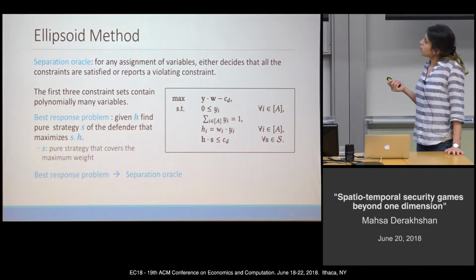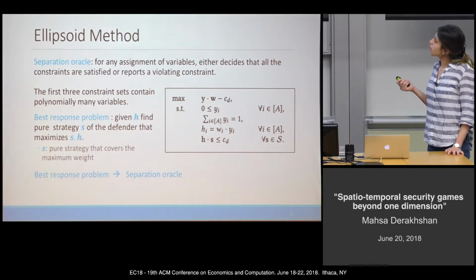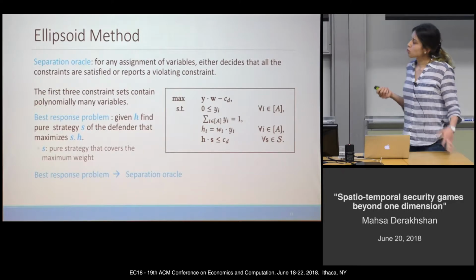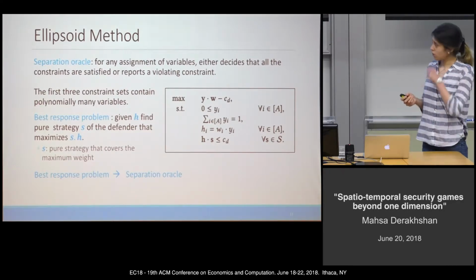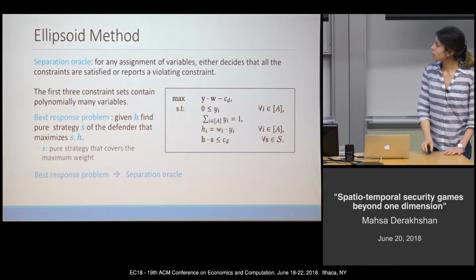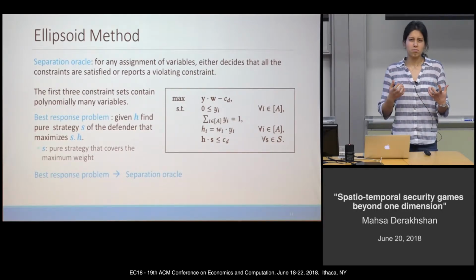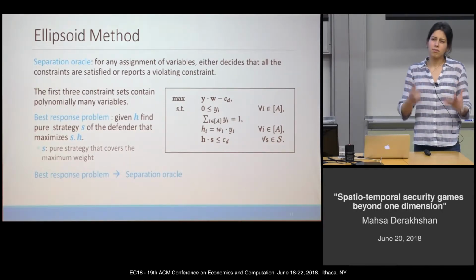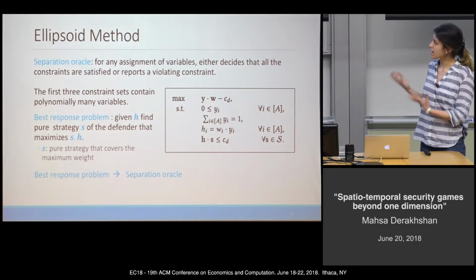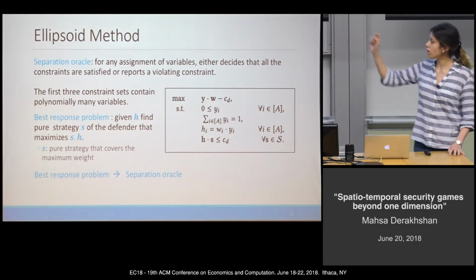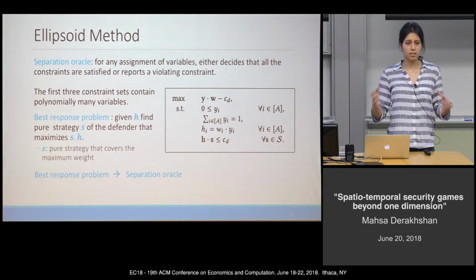In this problem, given vector h, we want to find a pure strategy of the defender that maximizes S.h. This is just a combinatorial problem: we can look at this vector h like a weight assignment to the targets, and we want to find the pure strategy that collects the maximum weight.